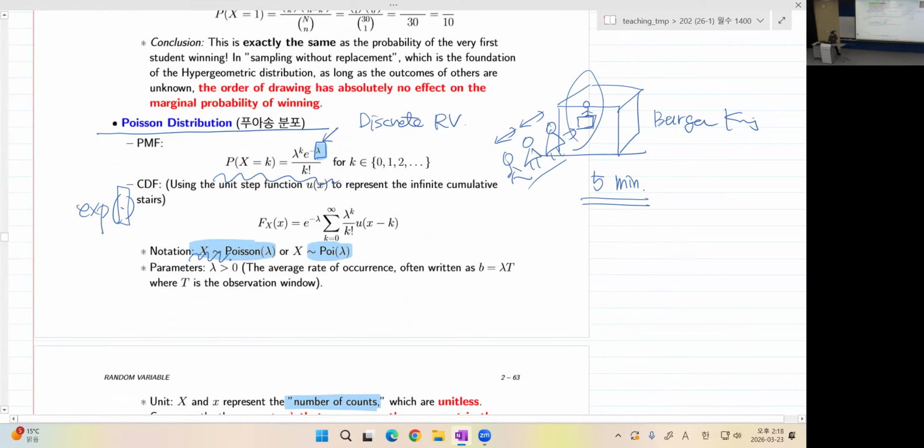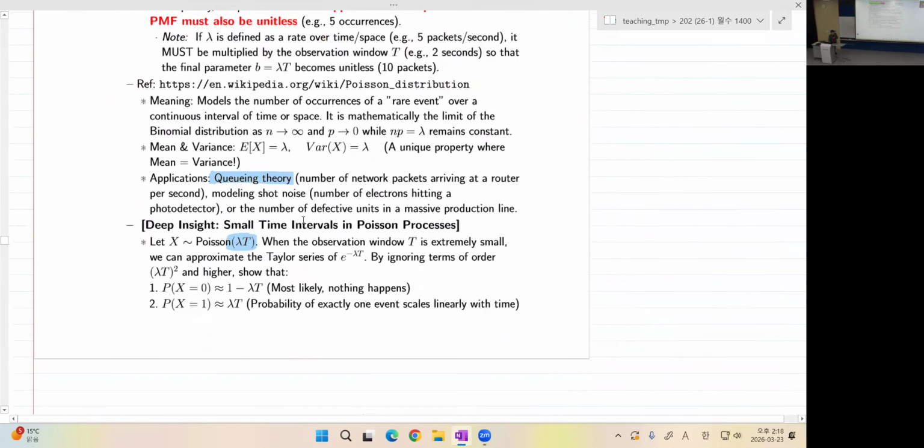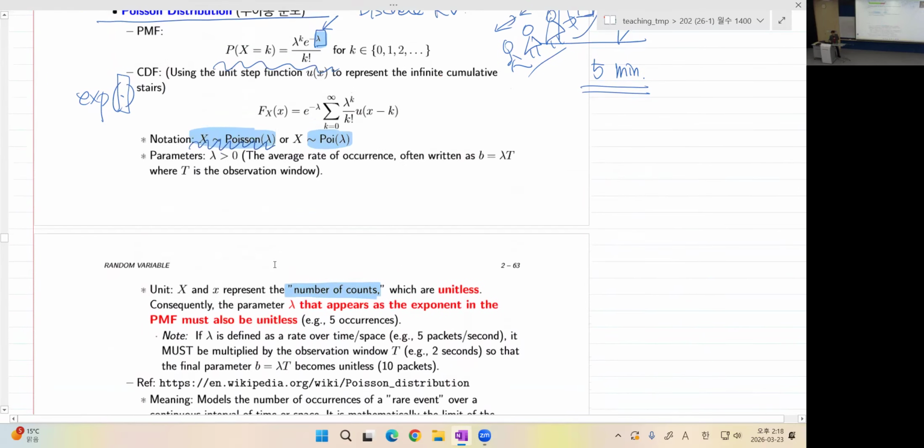However, in many cases, you observe something like this. So X follows a Poisson distribution with parameter lambda t. But here, we have the notation X follows Poisson lambda. What's the difference? In this case, lambda is unitless and appears here.